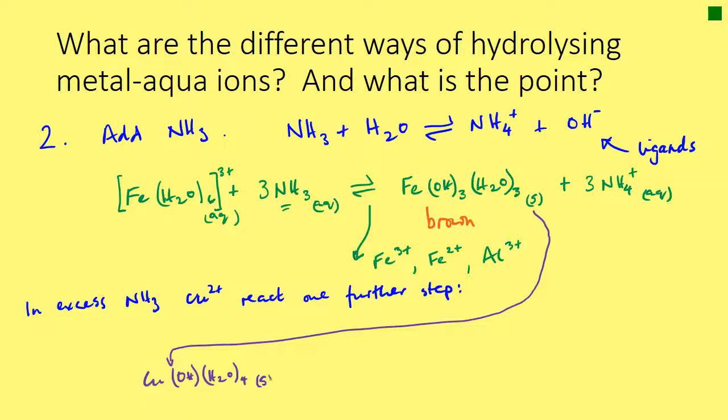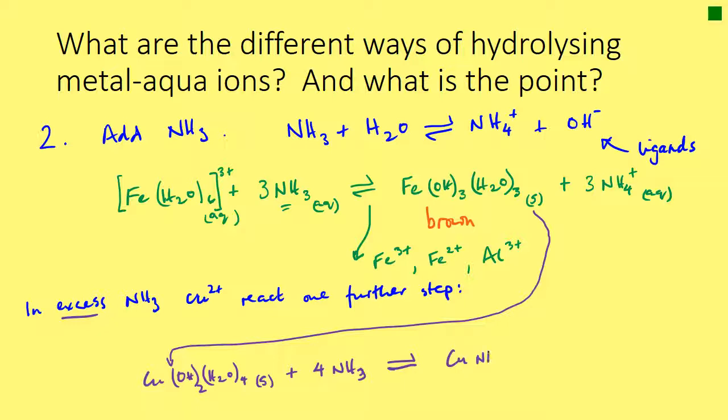And it's a solid because it's neutral, and it's a precipitate, and if it's excess ammonia, we can add another 4 ammonia molecules to it, and that turns it into a solution that looks like this. We've still got our copper, we've displaced both of those hydroxide ligands and 2 of the water ligands with those 4 ammonia molecules that turn into ligands.